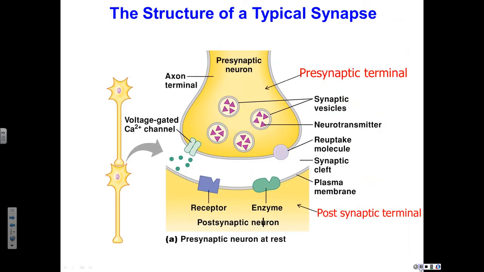All right, so what happens? Remember, the action potential is to signal from one neuron to either another neuron or to a muscle cell or to a gland. That's what the action signal does. So today we're going to address the question, how does it do it?